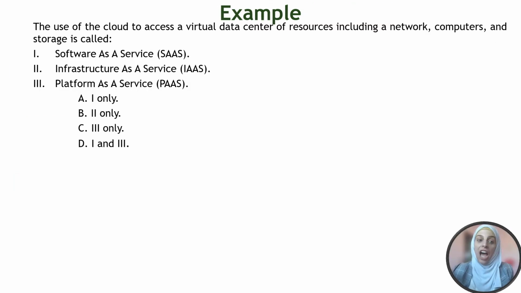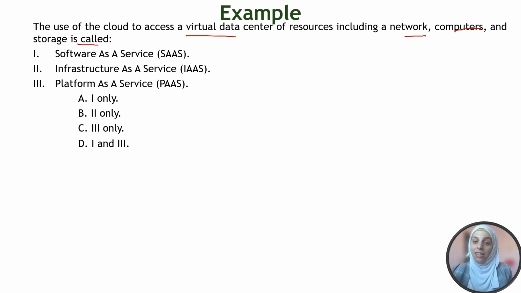The use of the cloud to access a virtual data center of resources, including a network, computers, and storage, is called software as a service, infrastructure as a service, IaaS, or platform as a service, PaaS.